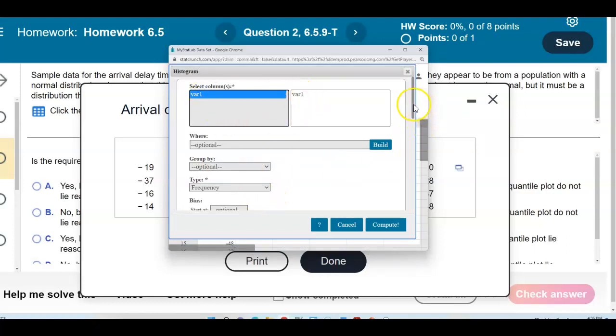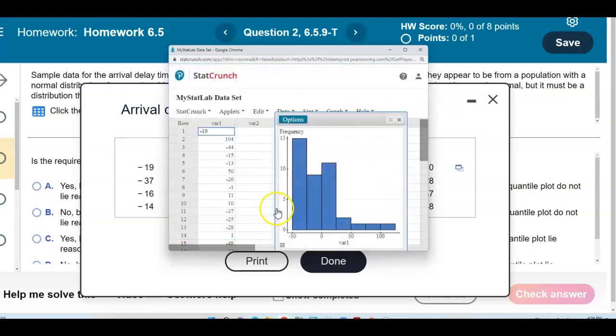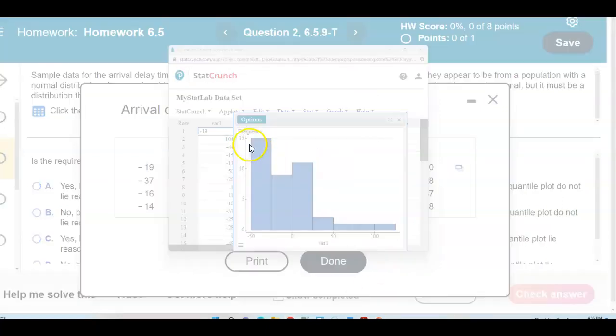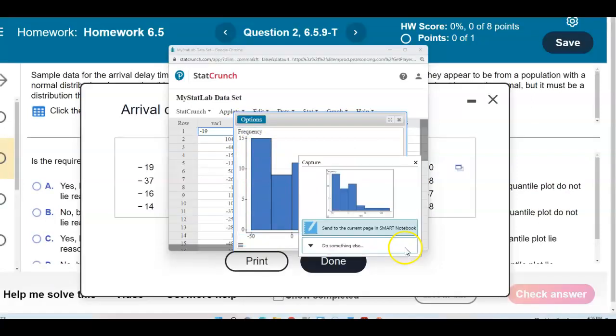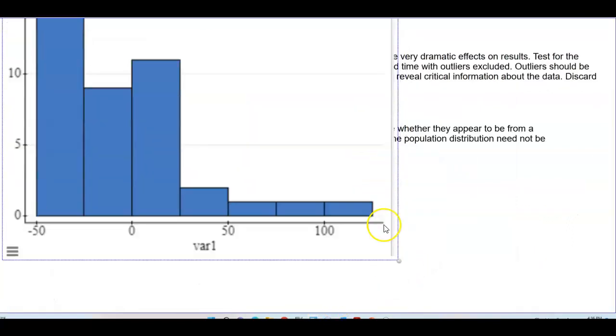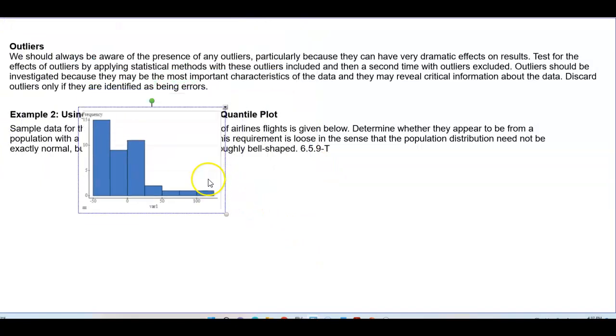We have our frequency, and then we can just go ahead and select compute. So here is our histogram. I'm going to go ahead and copy that into our problem there.